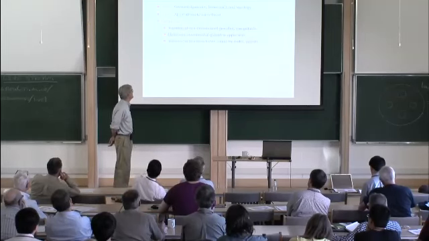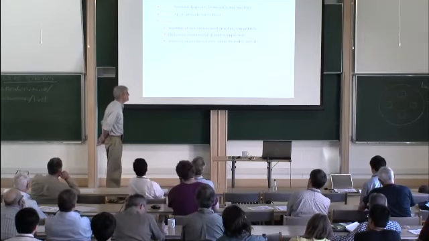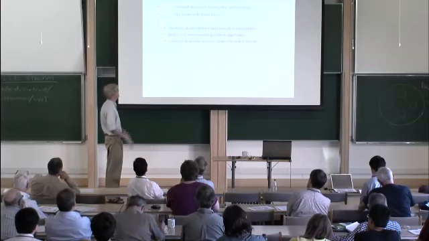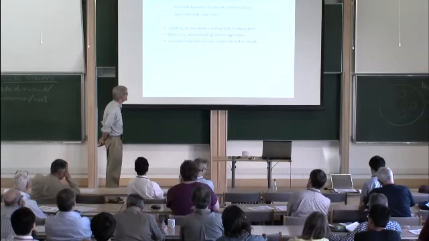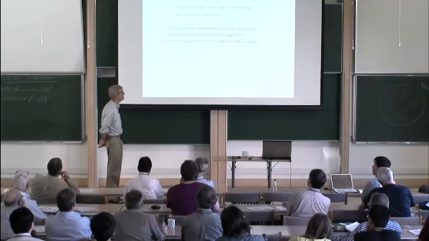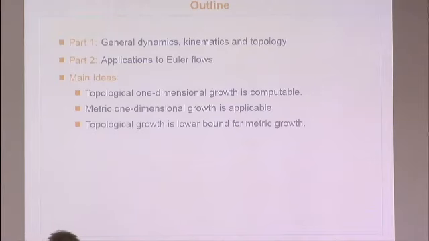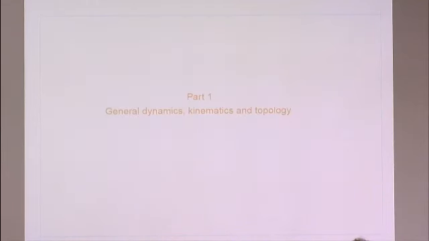And it's not so applicable because it's kind of a little loose, but in fact, it gives a lower bound for the metric growth. The metric growth means the actual growth in the lengths of the material lines, and that's the thing you can put to use in fluid applications. And the topological growth will be a lower bound for the metric growth. So those are the main ideas to keep in mind here.